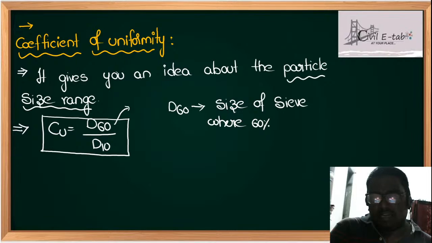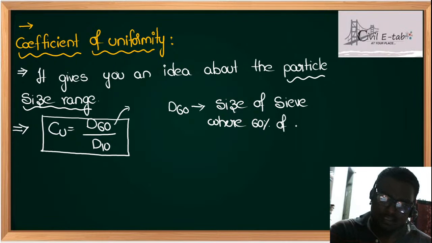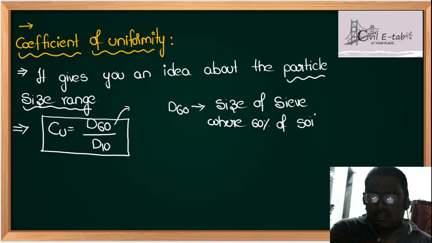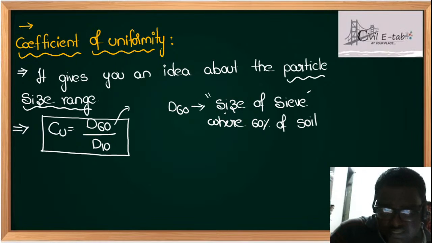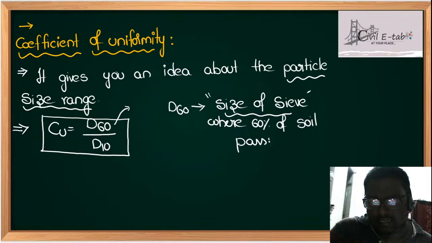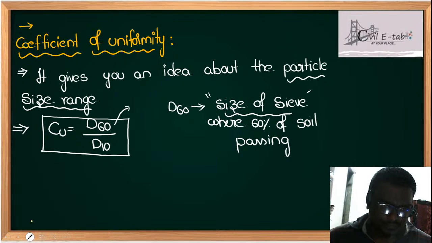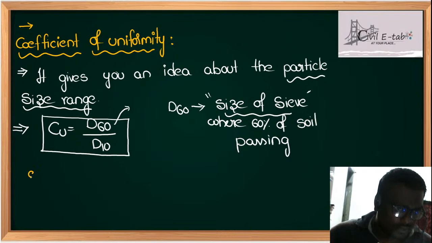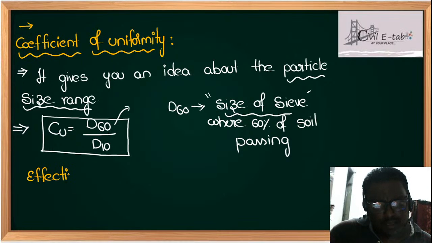When it is D10, I will tell you, D10 is very important. So whenever anyone asks you what is D something, first of all, it is the size of the sieve where that percentage of soil is passing. Now see students, whenever I am talking about effective size, what do you mean by effective size?